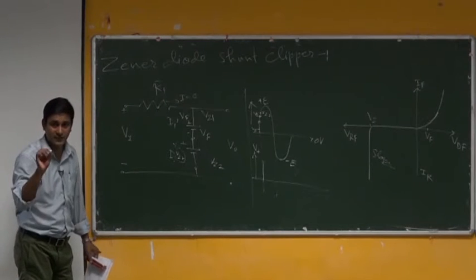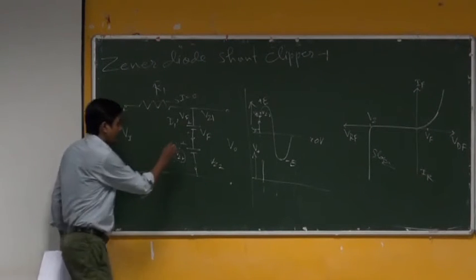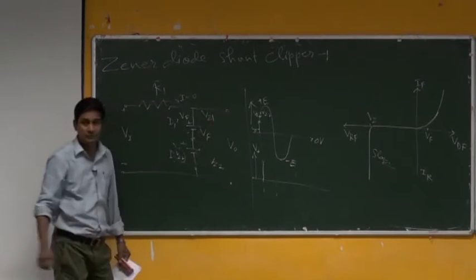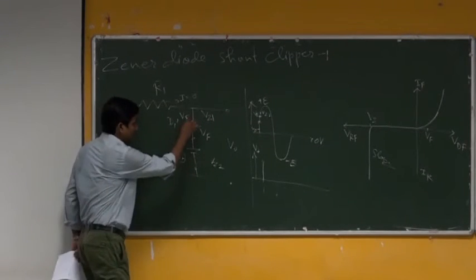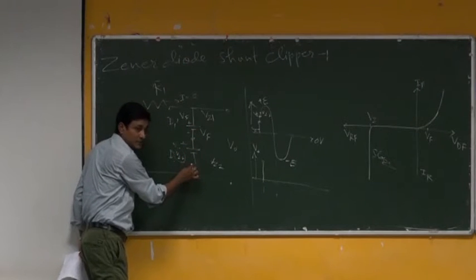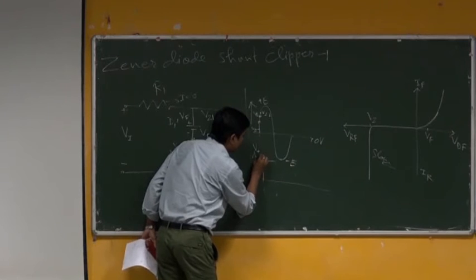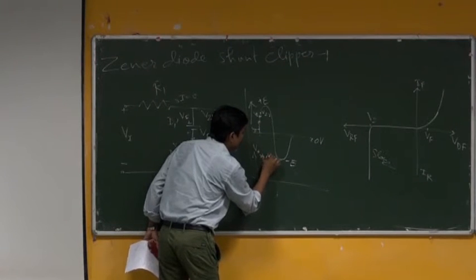Fine, it is just at Vz2. So it is Vz2 and this is Vf. What will be the output voltage now? Vf plus Vz2. So here the output voltage I will get is Vf plus Vz2.